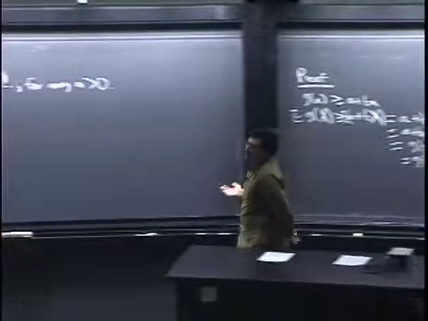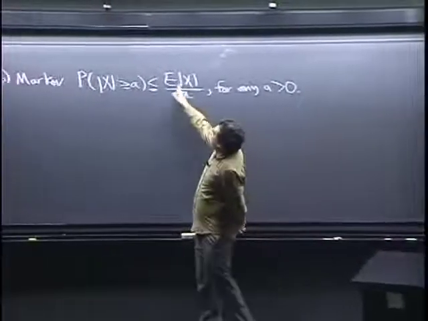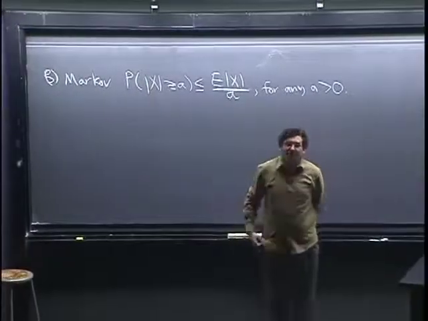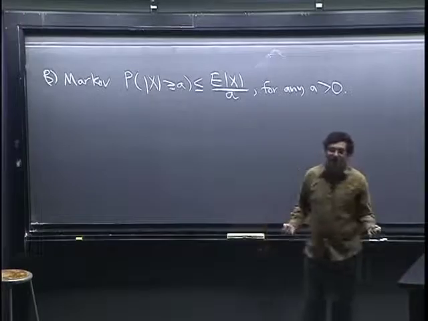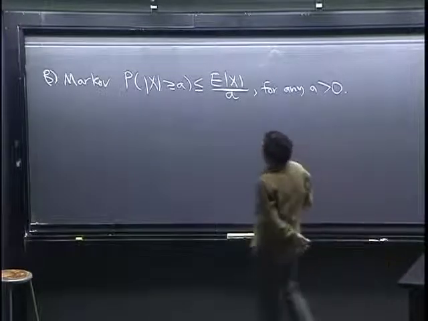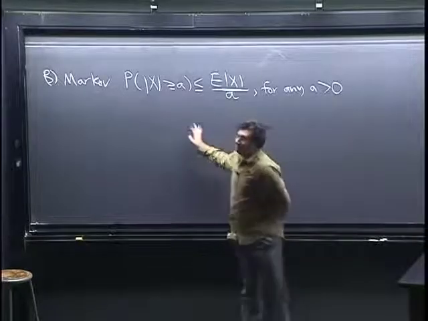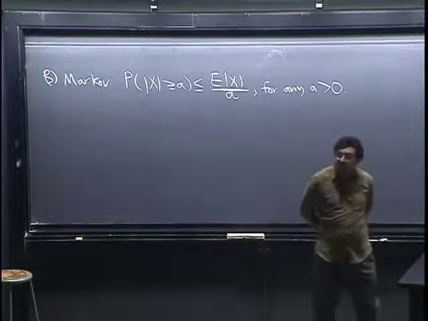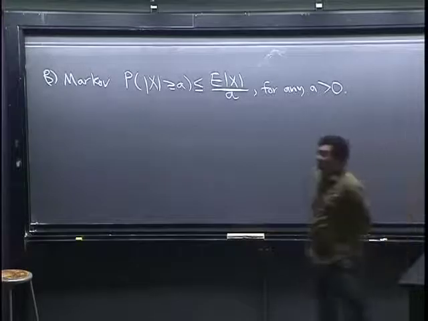So in some cases, the right-hand side is bigger than 1, in which case this is true, but tells us absolutely nothing, okay? So this is a simple, crude inequality, and so let's prove it.